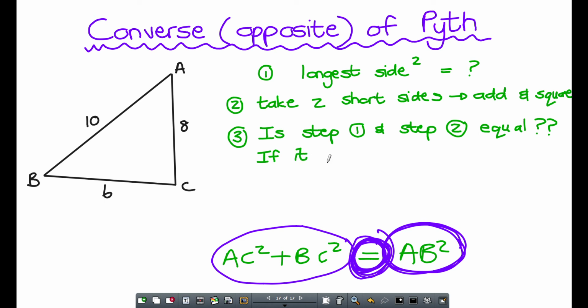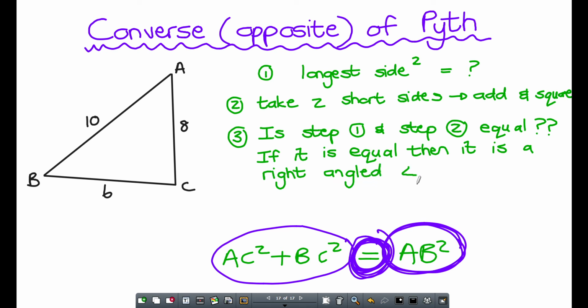If it is equal, then it is a right angle triangle. And where would the 90 degrees angle be?